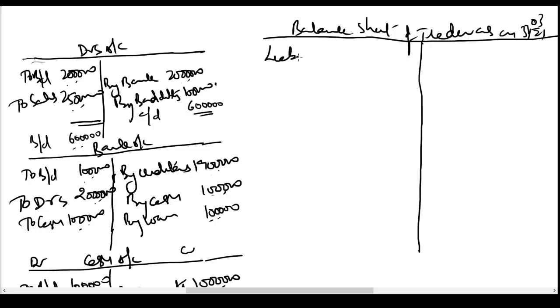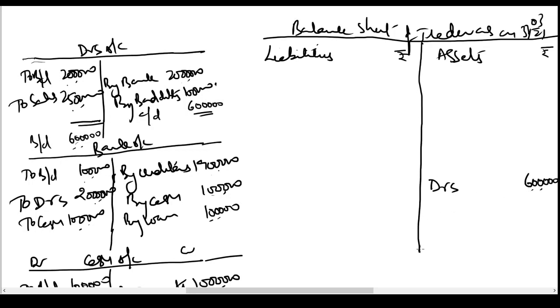Left side we show the liabilities of the business, and right side we show the assets of the business. This is the format which we use. So there is some balance left in the debtor account. That balance is not closed, that balance is transferred to the balance sheet asset side. We show the balance here, 6 lakhs.